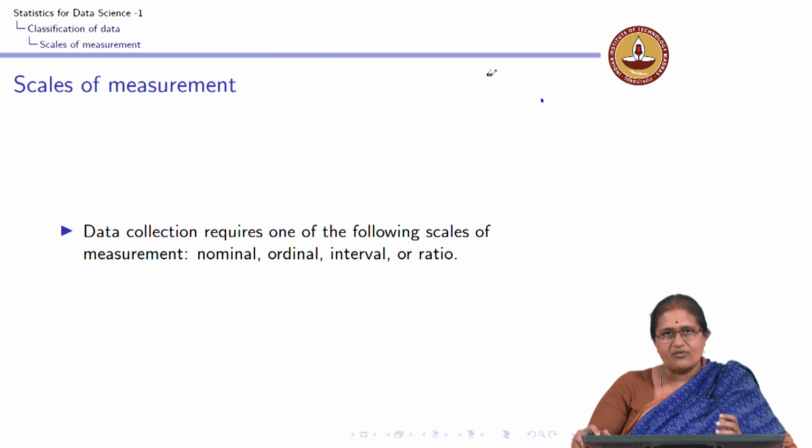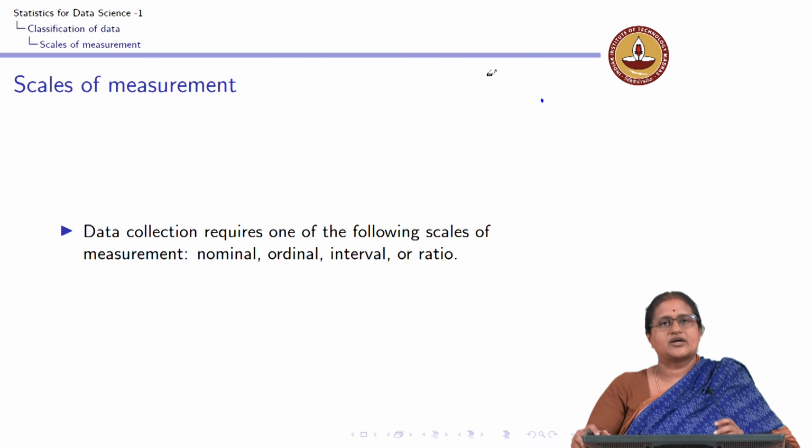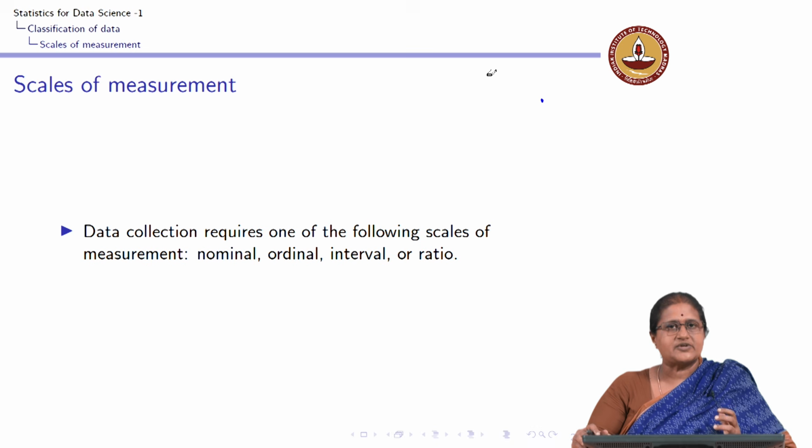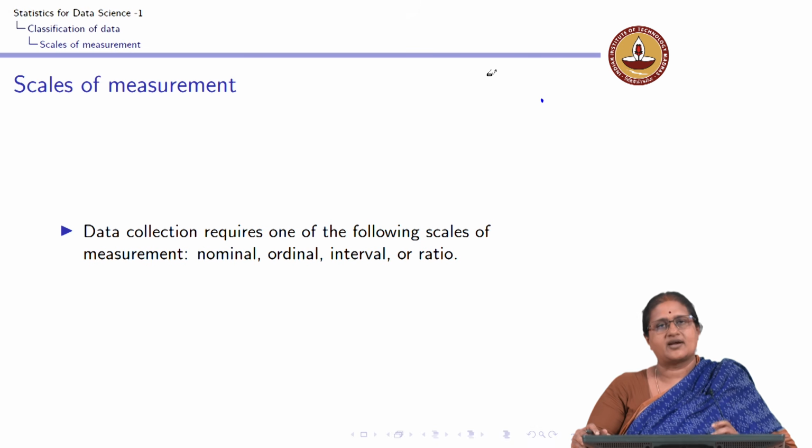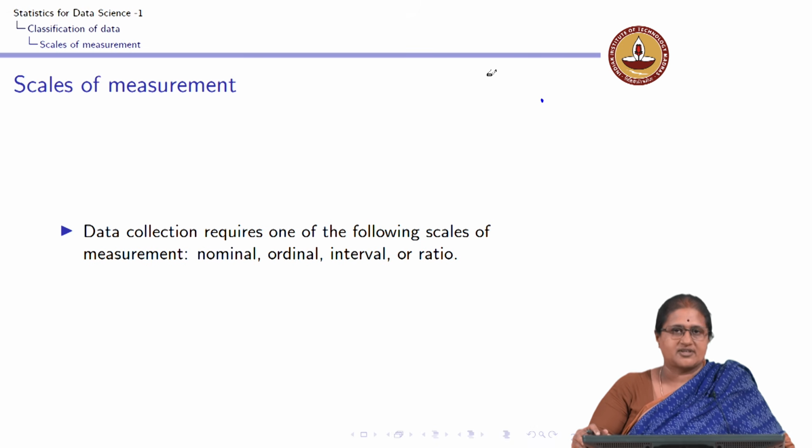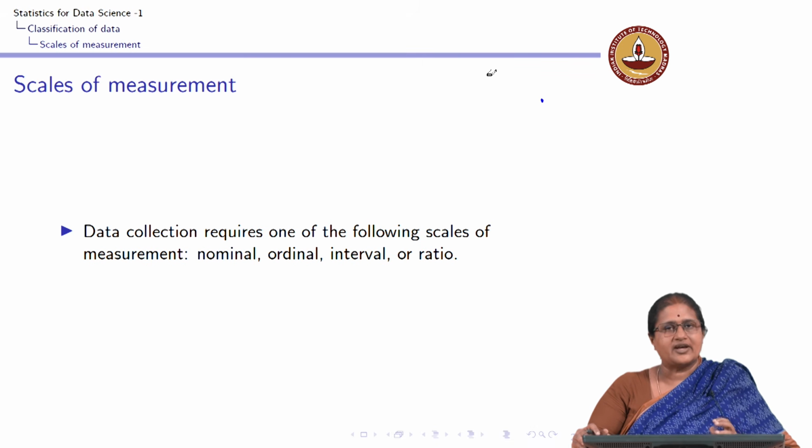Can I come up with some graphical summaries and can I come up with numerical summaries? The minute I say numerical summaries, I need to know whether I can do arithmetic operations on the data. So, to know that, I need to understand the scales of measurement I use for my data.